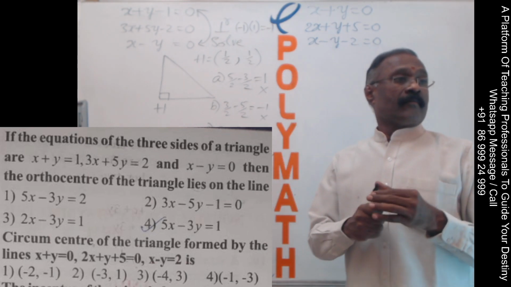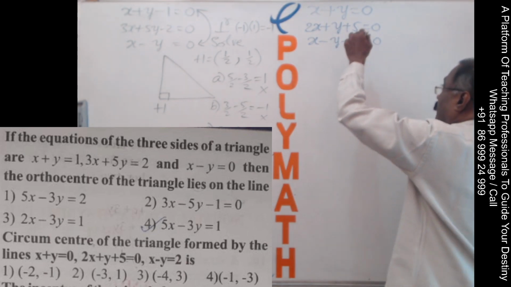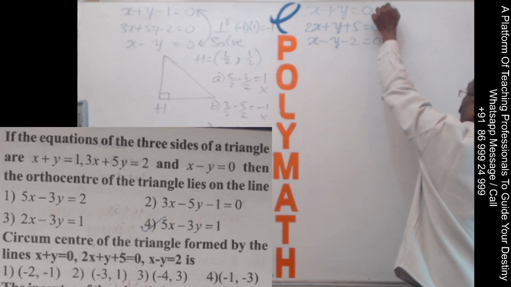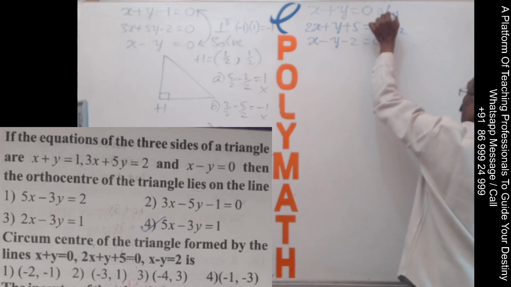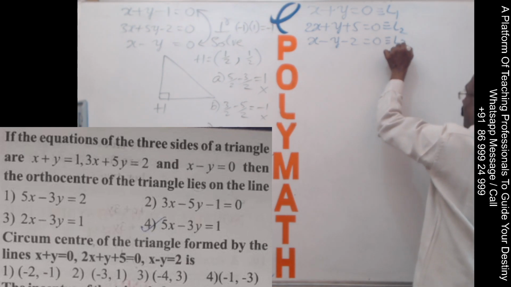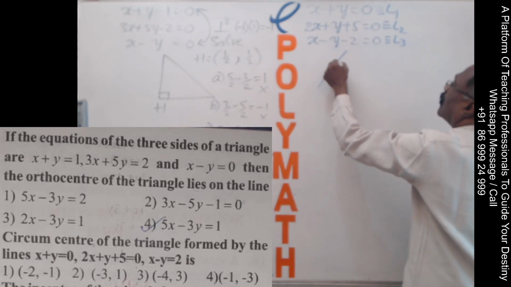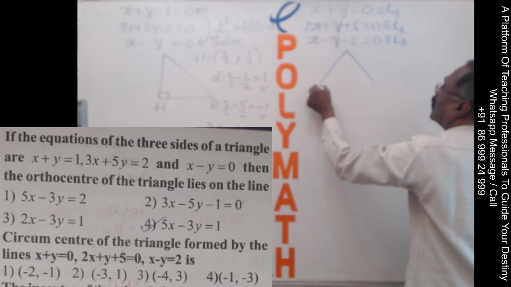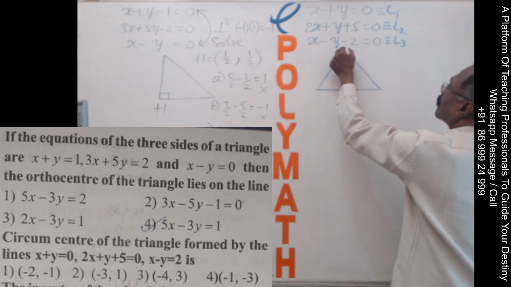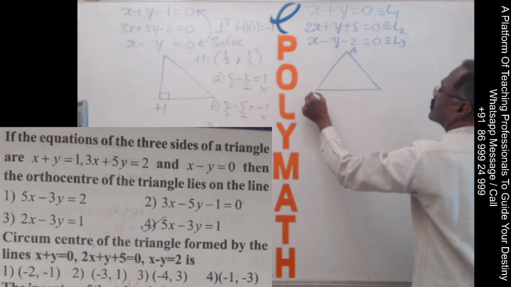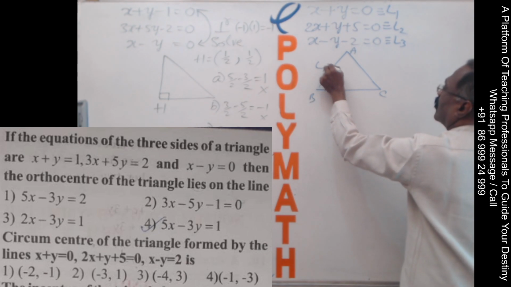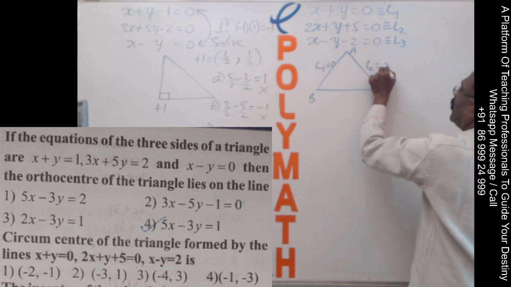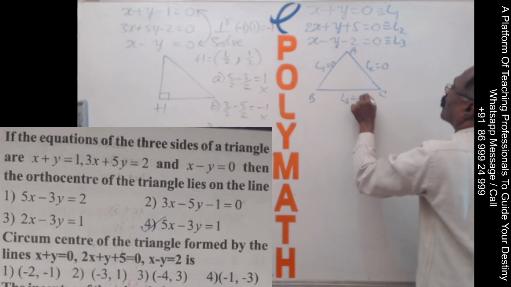So here, let me say this is L1, this is L2, this is L3. Let me say these as A, B, C. L1 equal to 0, L2 equal to 0, L3 equal to 0.